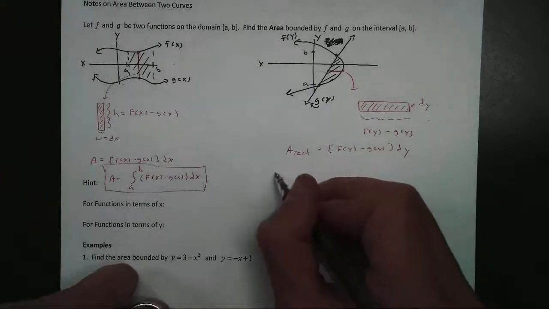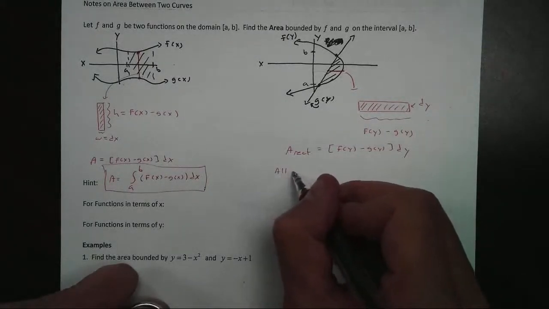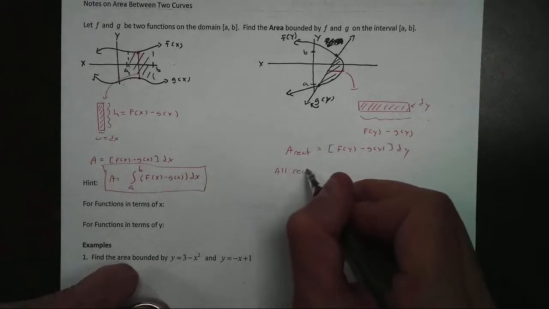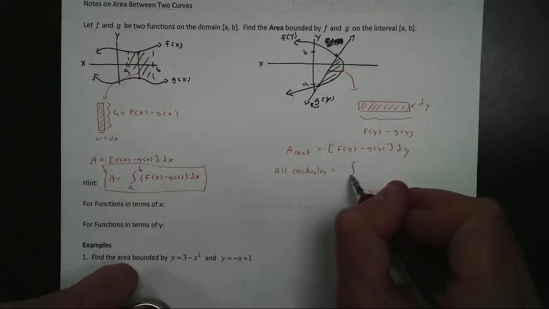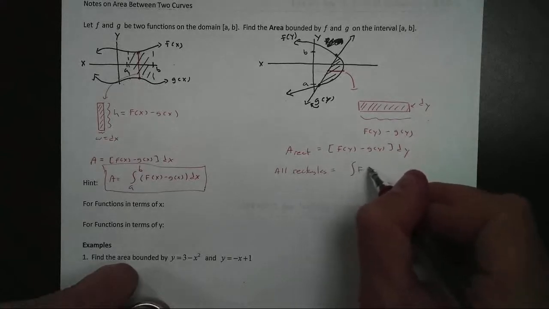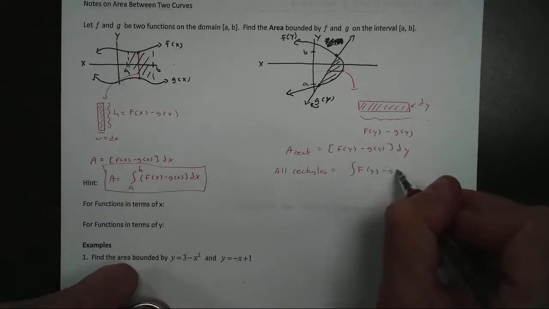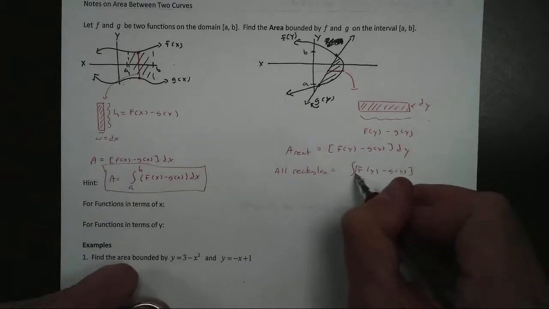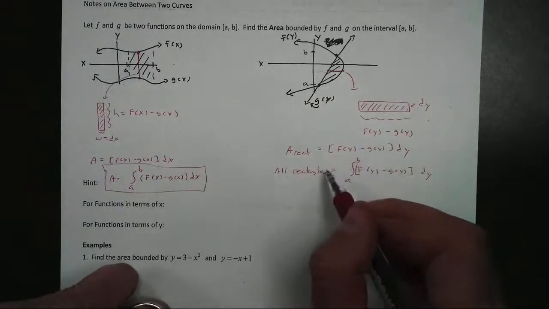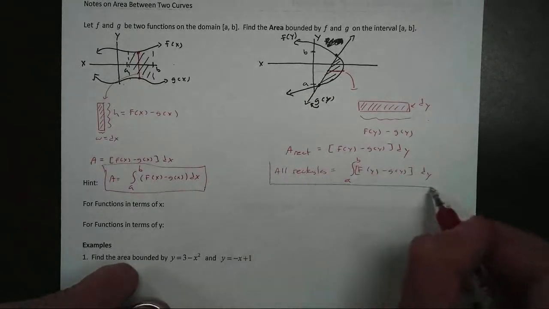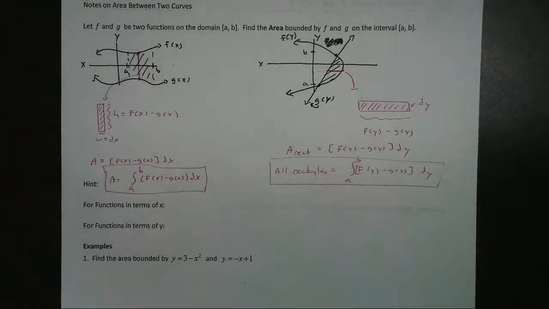So to get the area of all rectangles, there's infinitely many of them, we're going to integrate f of y minus g of y dy from a to b. In this case, a and b are arranged from low to high. And there's how you would get the area of all those rectangles in terms of y.